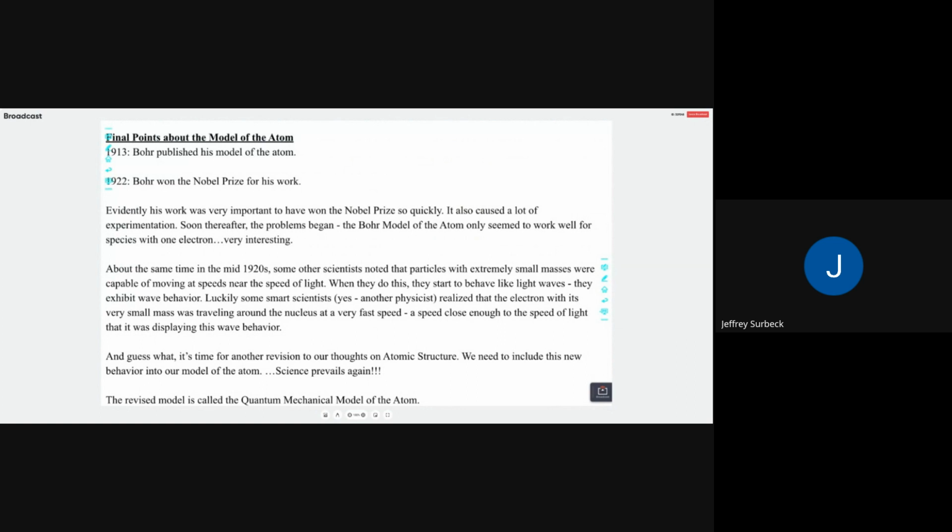All right, so 1913, Bohr publishes all his info about electrons have to occupy a certain ring, has to be in an orbit, or what we call an energy level. In 1922, which is extremely fast, he wins a Nobel Prize for this. All right, very, very large information, a lot of information, widely accepted very quickly.